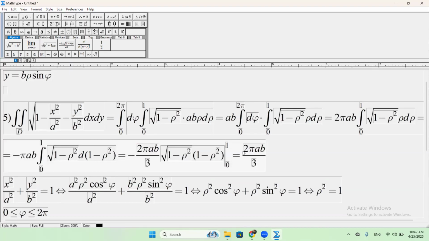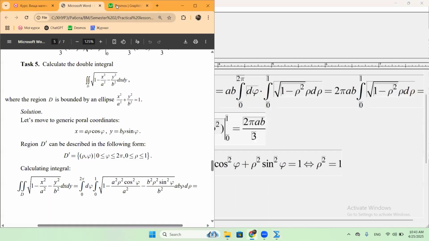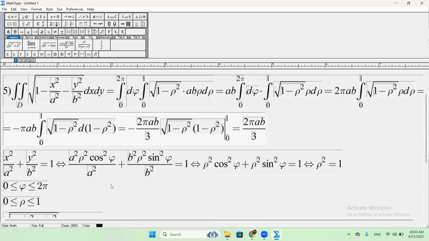So that's it. Any questions about this exercise? I don't understand why we have these bounds for phi and rho. Okay, phi from 0 to 2 pi, because if I plot the ellipse, yes, I understand from the graph. And what about rho?